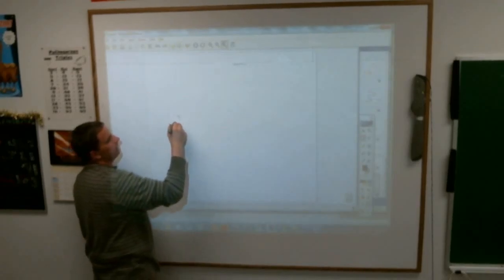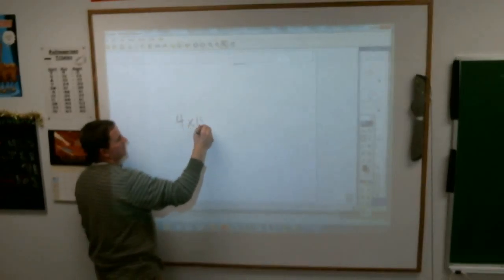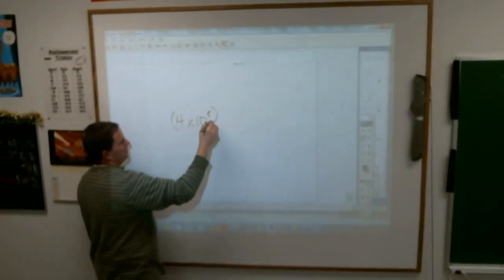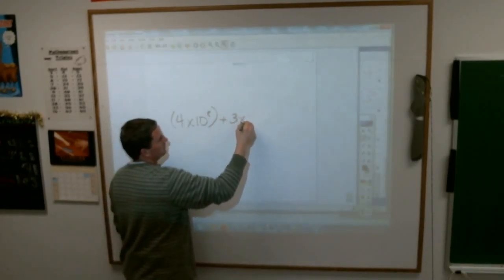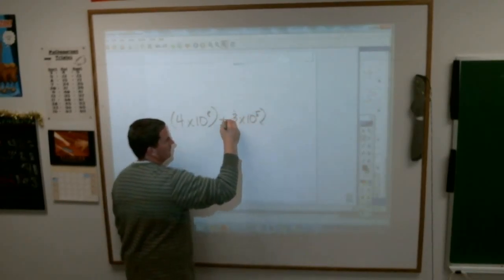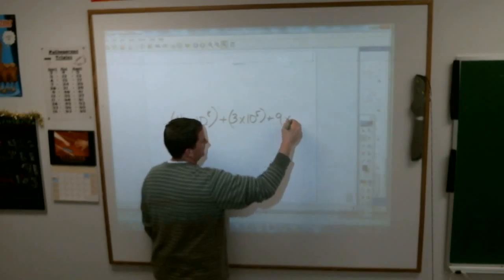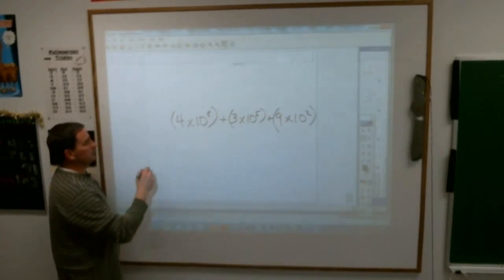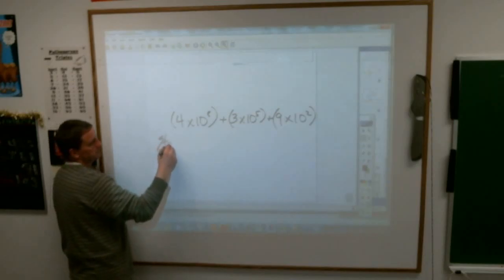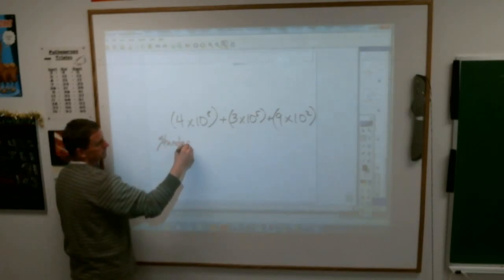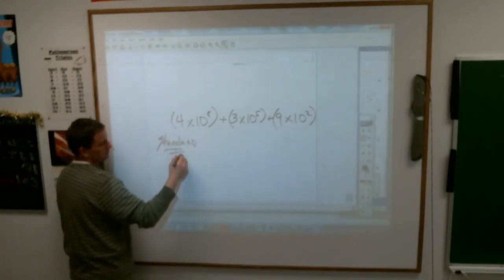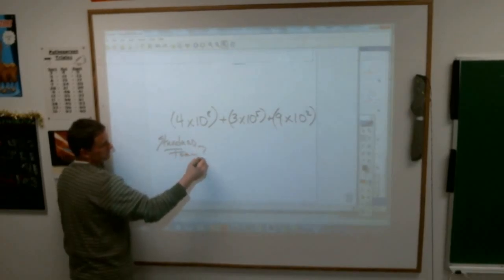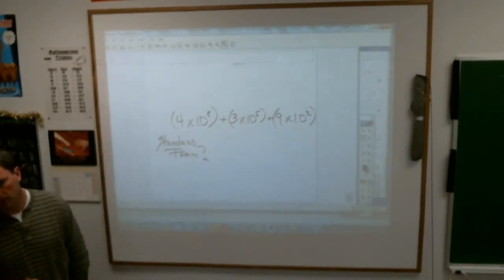How about this? 4 times 10 to the 8th plus 3 times 10 to the 5th plus 9 times 10 to the 2nd. What is the standard form of that? What would be the standard form?